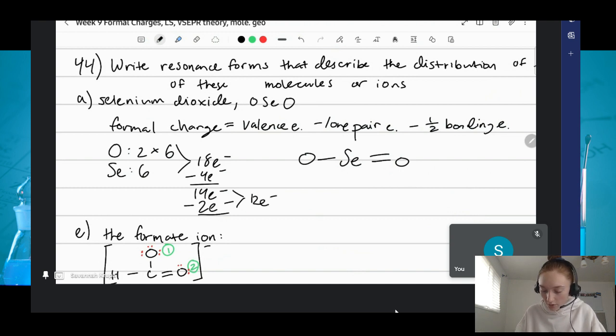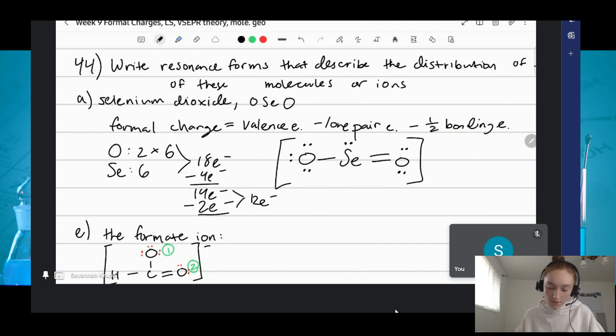So selenium only needs 2, oxygen needs 4, this one needs 6. 6 plus 2 is 8, plus 4 is 12. So we'll have 12 valence electrons that we're working with. And so that will work out. Awesome. So that's what that looks like for this one.